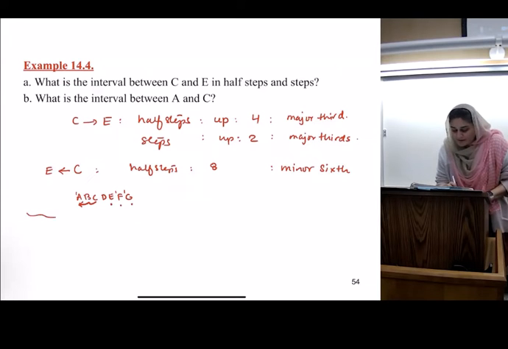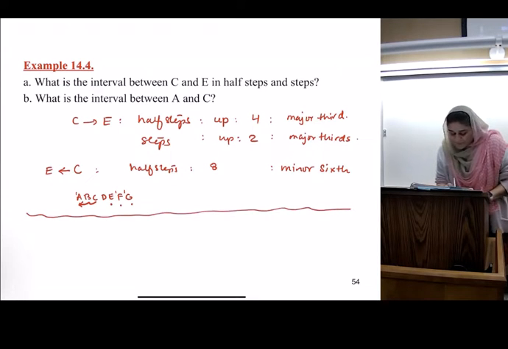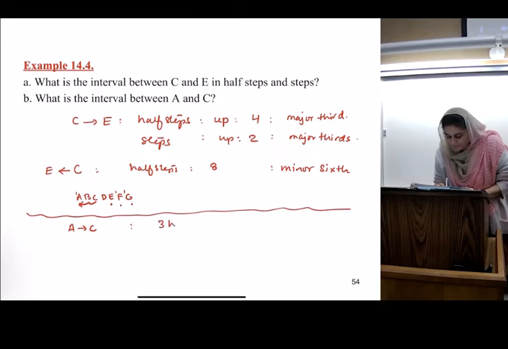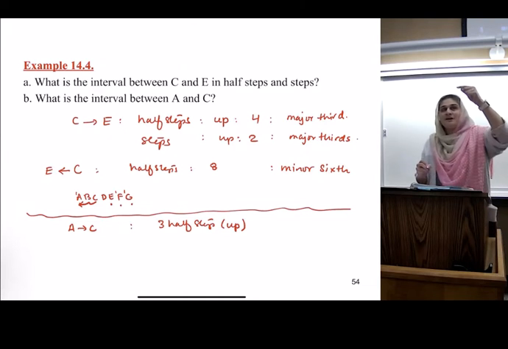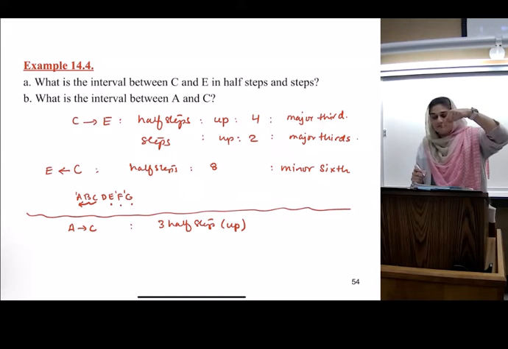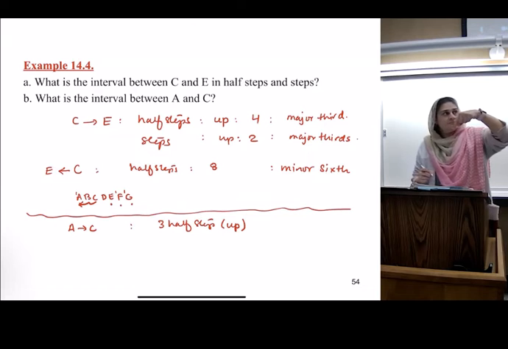Okay, now what about between A and C? A and C, there are 1, 2, 3 half steps going up. Yeah, 3 half steps up is a minor third.